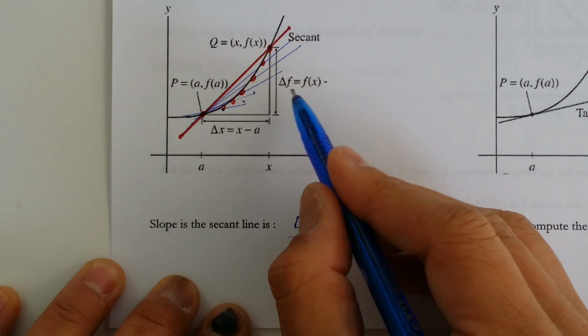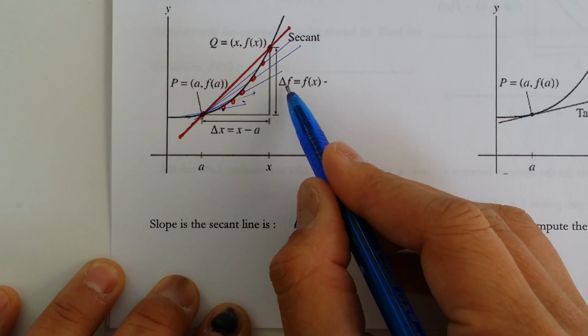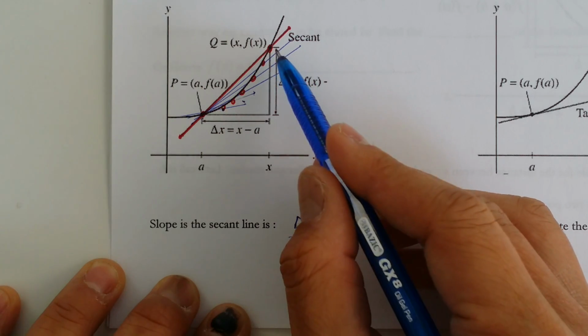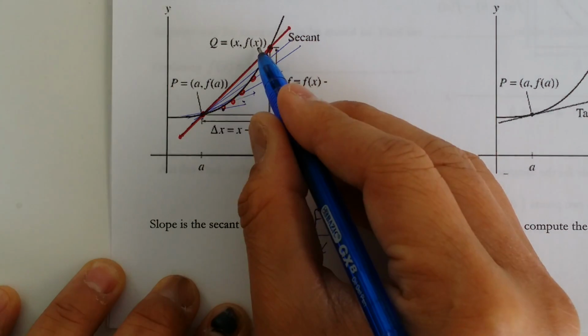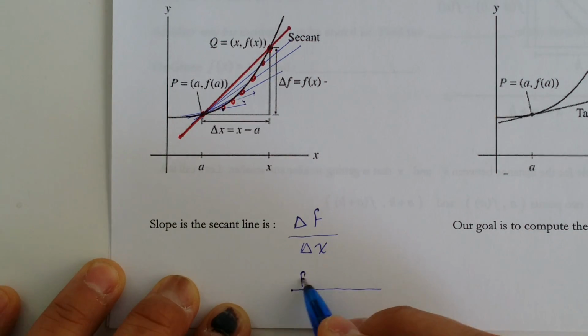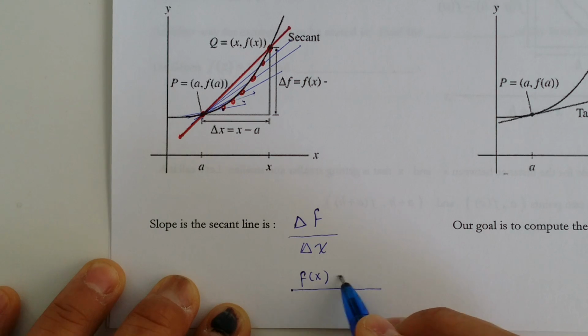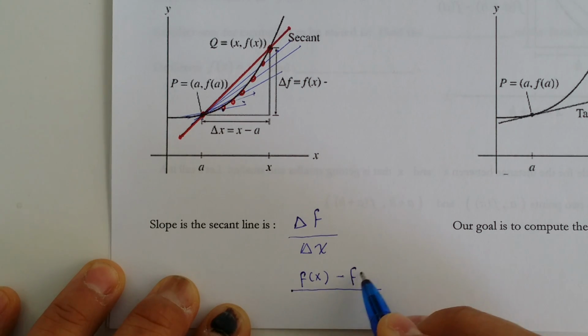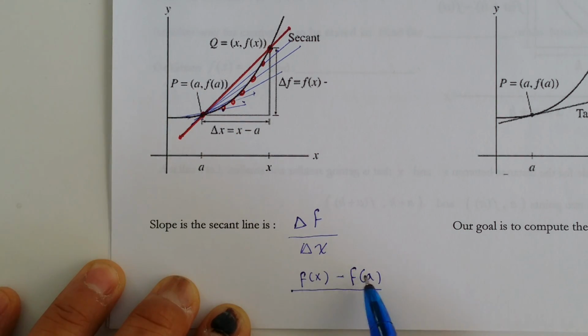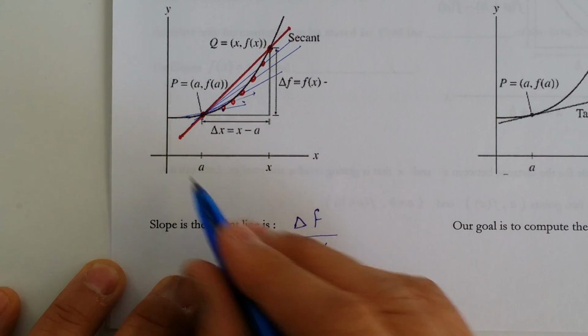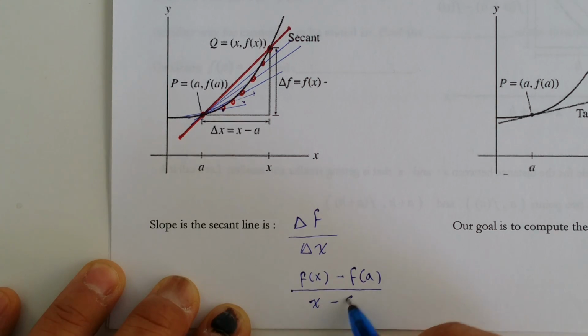Now the change in the f function given these 2 points can be expressed as: the second point is known as f of x, and the first point is known as f of a. So the change in y over the change in x, and the change in x is x minus a.